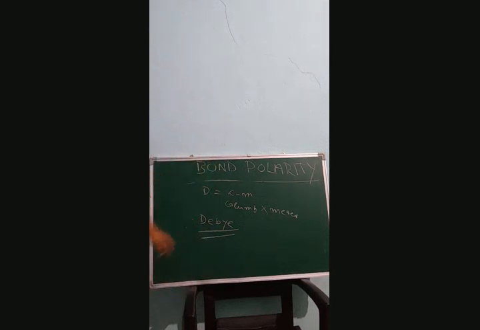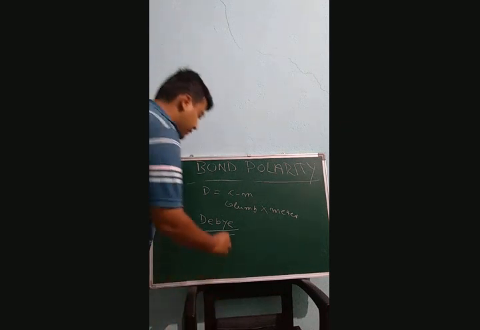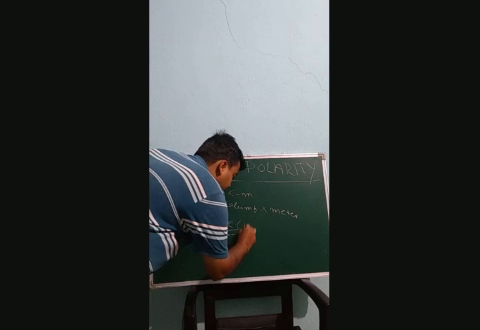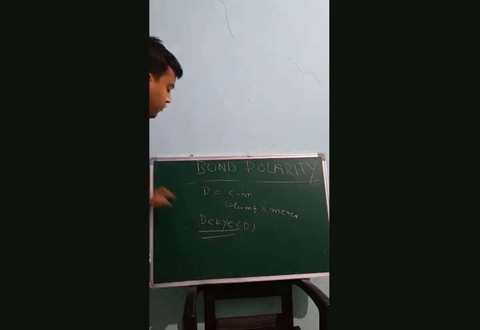The Debye unit is named after a scientist who did groundbreaking work in the field of dipole moment and X-rays. The short form of Debye is D. This is just a normal unit, just like meter, centimeter. The unit for bond polarity or dipole moment is Debye.